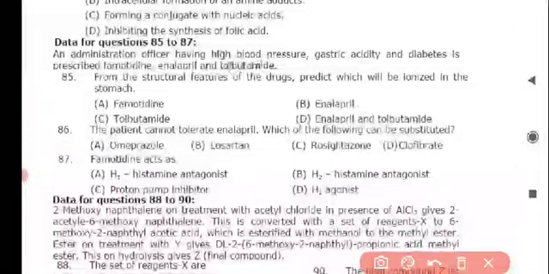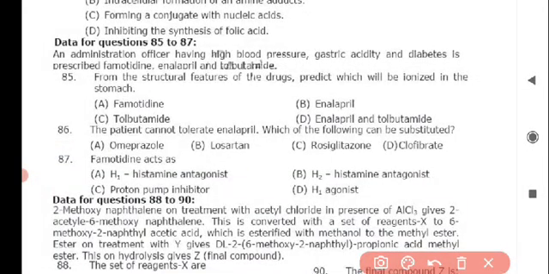Next question is, an administration officer having high blood pressure, gastric acidity and diabetes is prescribed famotidine, enalapril and tolbutamide. So for this statement, the question is, from the structural features of the drugs, predict which will be ionized in the stomach.